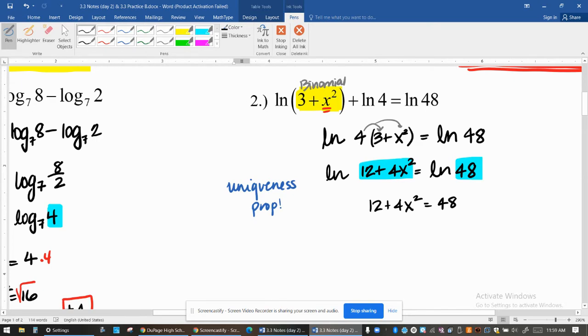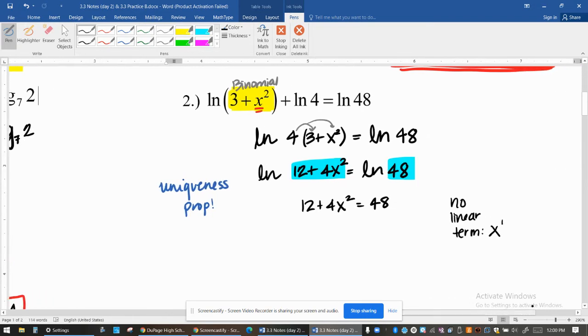All right, guys, now what I notice about this is it's like the other one. I should have been more specific in the previous one, I'm sorry. When you have a quadratic with no linear term, if you don't have a linear term where it's just something with x to the first power, then you can use SADMAP to solve, which is inverse order of operations.